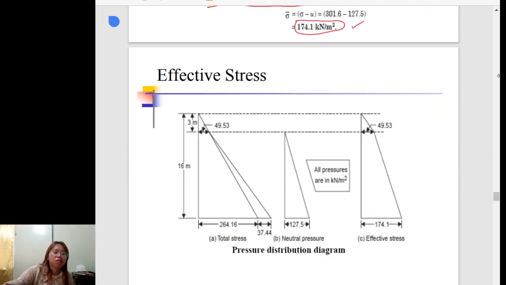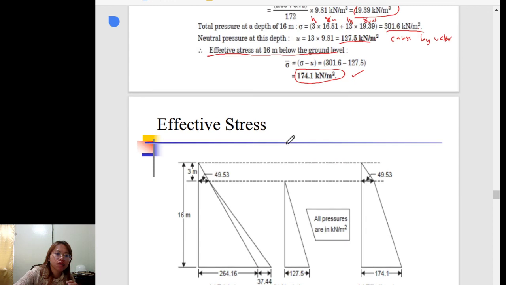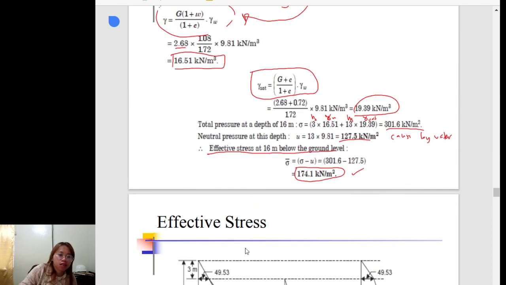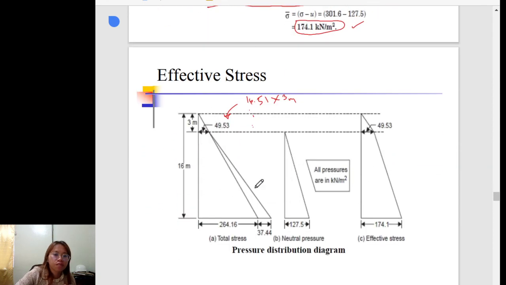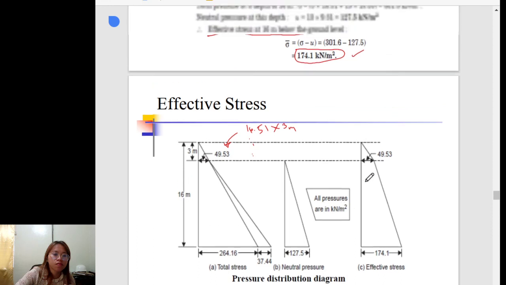This is equal to 16.51 times 3 meters, because this is the moist unit weight for this level of soil. So that is 49.53.